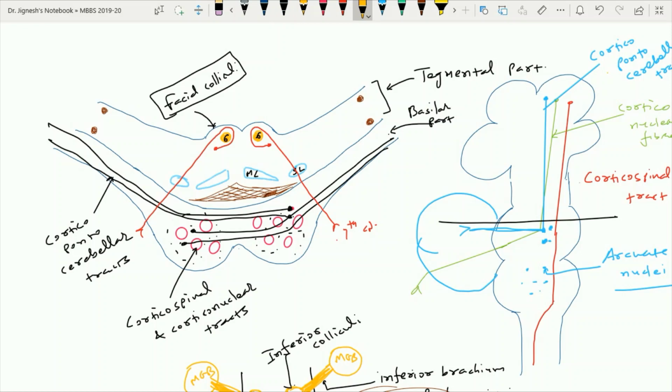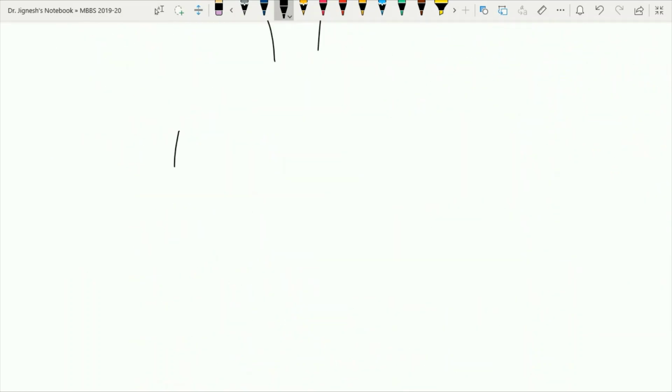For the trigeminal nerve nuclei within this section, let's see one more figure for the orientation. This is the lateral view of the brainstem, which is continuous with the spinal cord below.